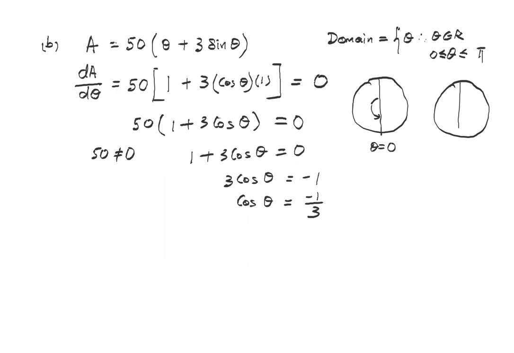Which one do you think? Pi or 2 pi? Anyone got the answer from the textbook? Pi or 2 pi? Because that will determine which answer we are supposed to take.